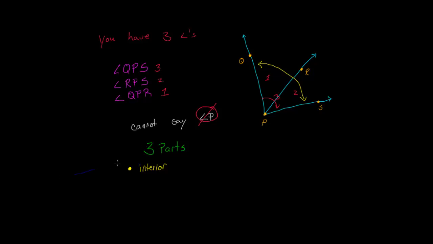Now our exterior is our second part, exterior. Now that is talking about anything that is on the outside portion. Anything that will be on this outer portion from here around to that part.